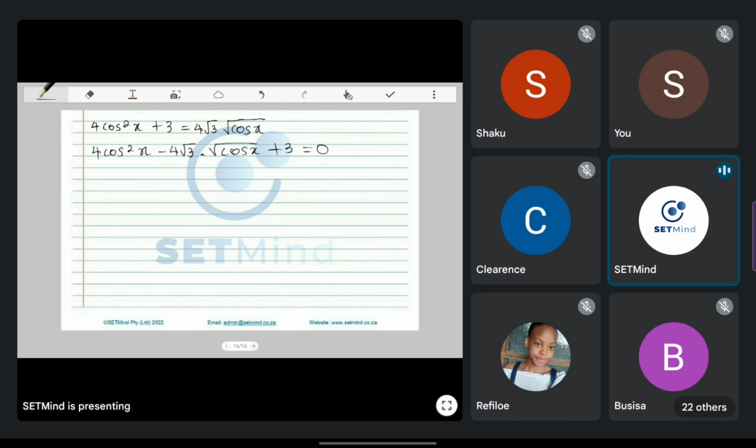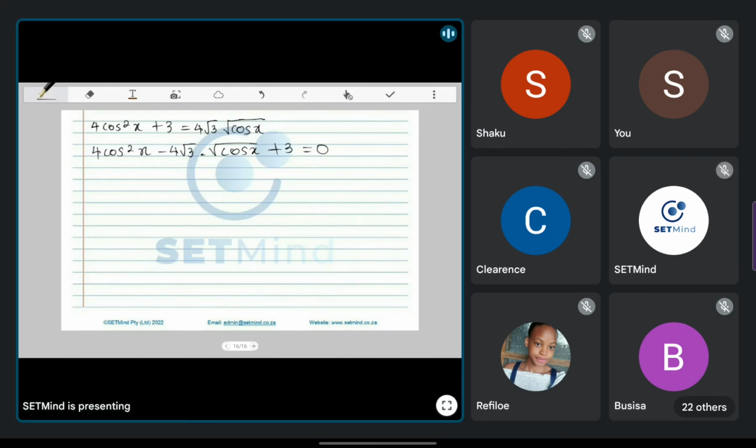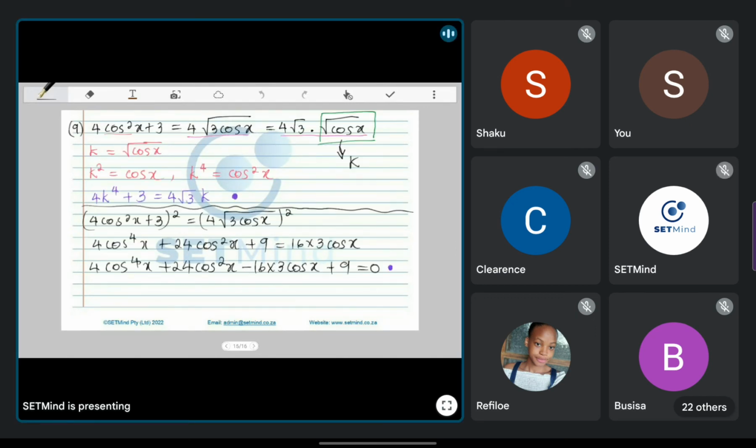What I thought would be the direction to the answer is to do the substitution first, and then try to solve for k, and then go back to substitute for the cosine of x. Okay, so you mean what I did here, let me pause this for now.